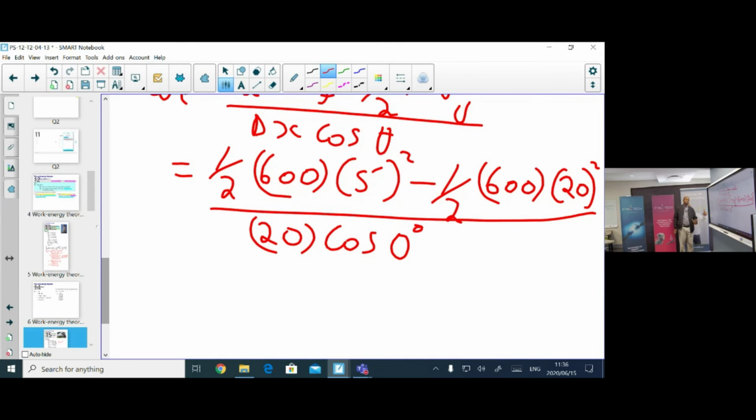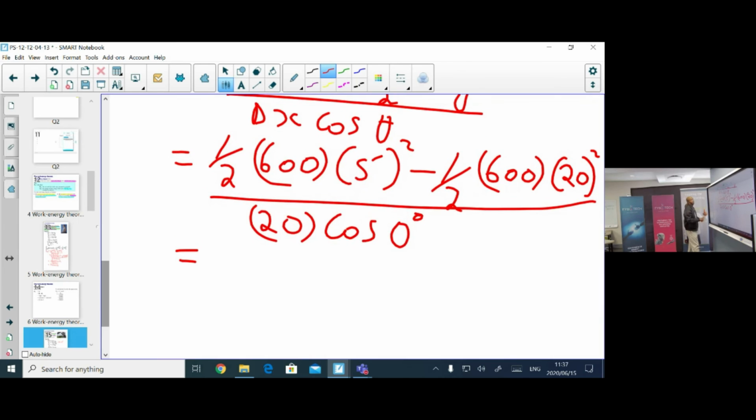Either your theta is equal to 0 degrees or theta is equal to 180. Cos 0 is 1. Cos 180 is minus 1. Okay. Let us carry on. And then I need you to take out your calculators and work out this problem with me. Okay.